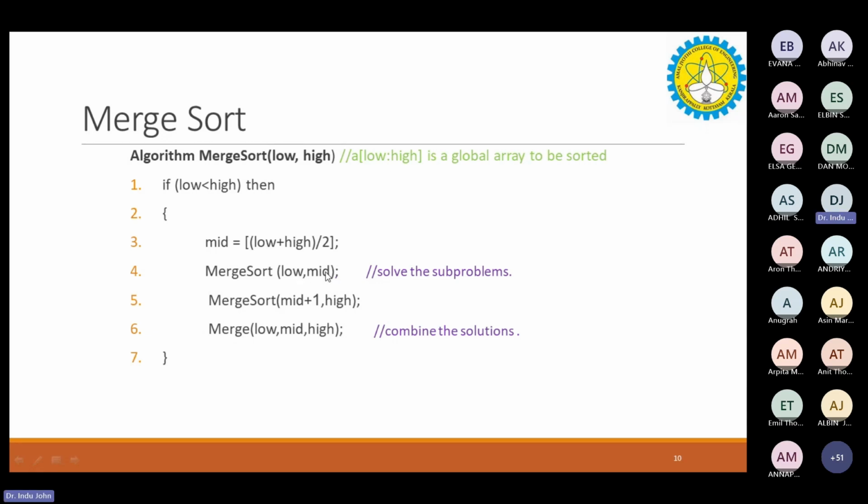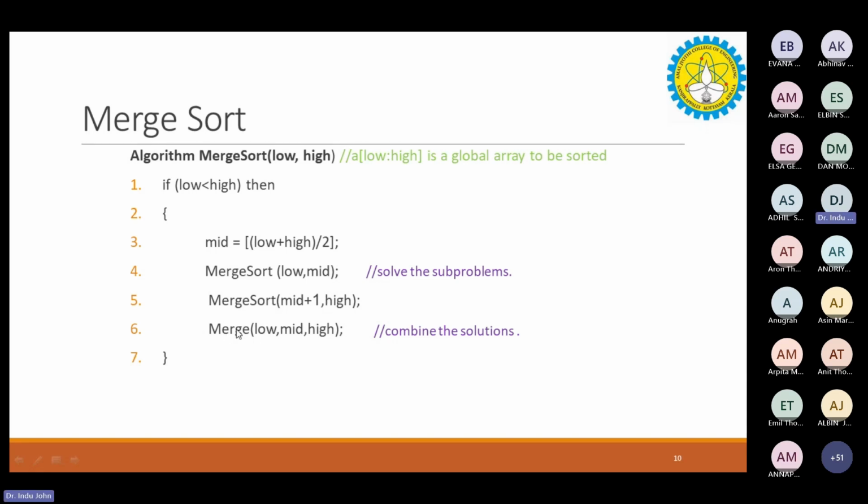So the array portion from low till mid is considered the left half, and the remaining part, starting from mid plus 1 and going on till high, will be considered the right half. You call merge sort recursively on both these subarrays.